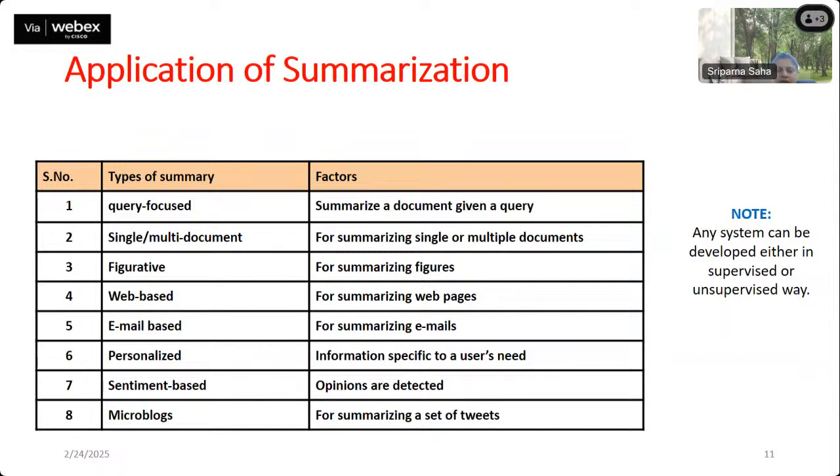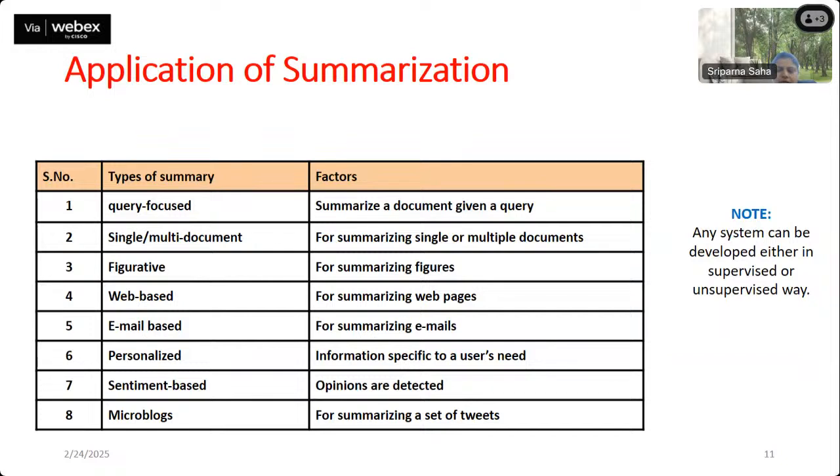And now there is also personalized summarization. Suppose the user is interested in a particular topic, like a sports match that has happened. In the sports match, there are many players and many teams. So in a news article, the reporter has mentioned all the players and all the teams, but maybe the user is interested in a particular player only.